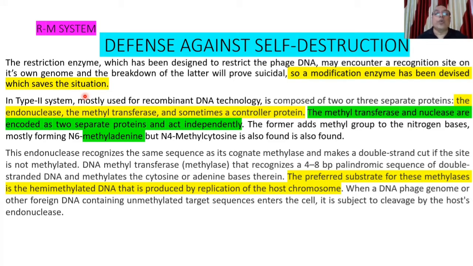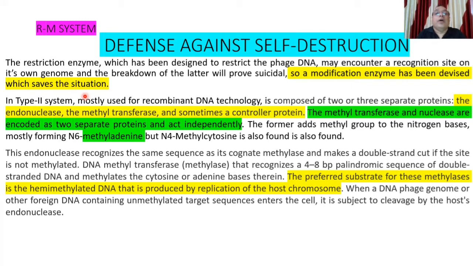So the distinction between the self and alien, that is the distinction between the genome of the bacteria and the genome of the bacteriophage by the bacterial enzyme, is done on the basis of methylation.